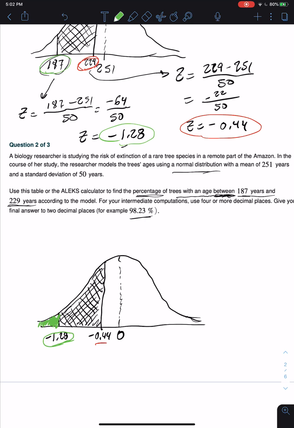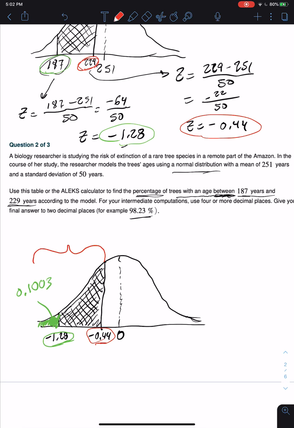All right, if I look this up on my z table, when I look up a z-score of negative 1.28, I'm going to get an area of 0.1003. And I need to figure out this area that goes from here all the way down to the left-hand tail, all the way through the green.